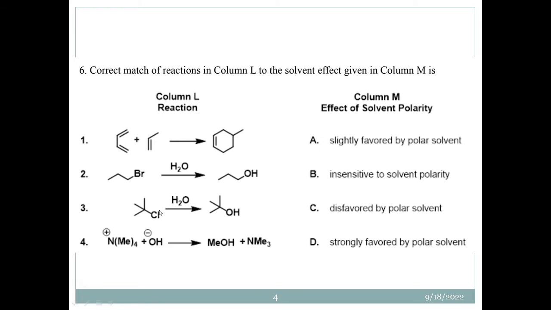And thus what we expect, if you increase the solvent polarity, is that it will stabilize the transition state more. So we think it should have a higher rate. I mean the rate should be, not slightly, strongly favored by polar solvent.